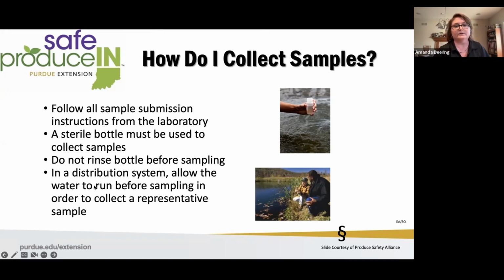But again, if you're using a distribution system, you want to make sure you let that run well before you collect your sample. Because what we want to know is the quality of the water in our well or in the surface water, and not necessarily what could be growing right inside that rim. So that's why you want to let the water flow for a while and then collect your sample.